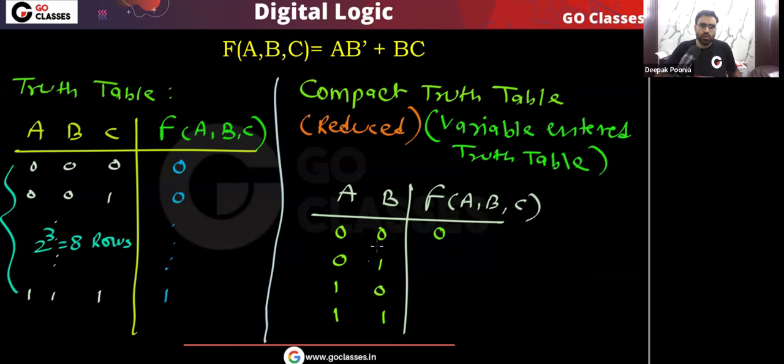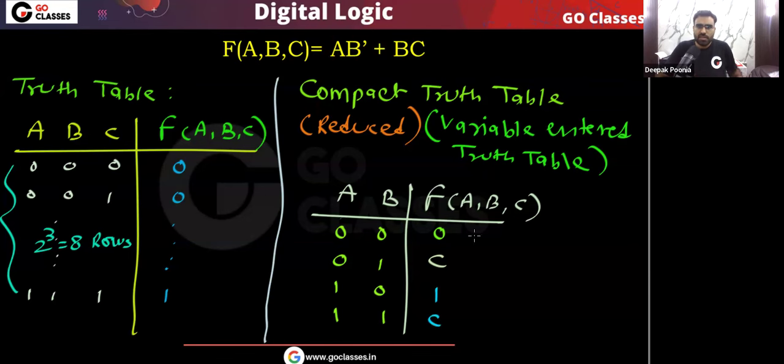If I put A 0 and B 1, then this term will become 0 and this will become C, so the output will be C. If I put A 1 and B 0, then this will become 1 and this will become 0, so I will get 1. Next, if I put A 1 and B 1, this will become 0 and this will become C.